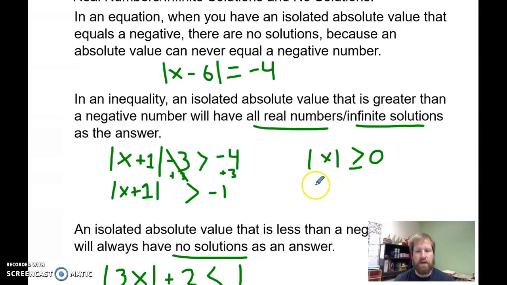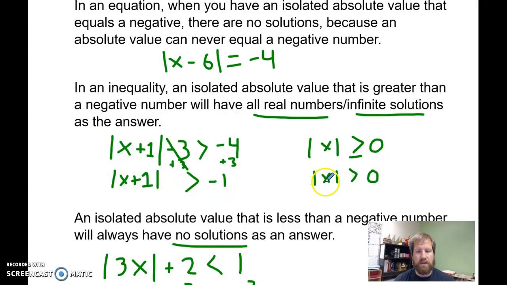However, if I had the absolute value of x greater than 0, I am not going to have all real numbers as a solution because x could be 0 and 0 is not greater than 0. 0 is equal to 0.